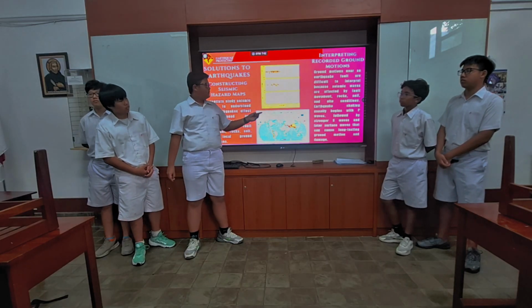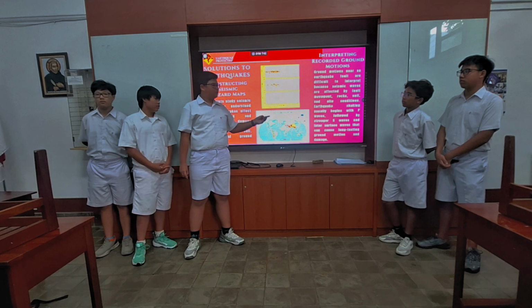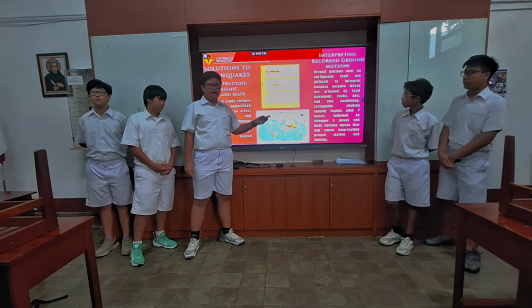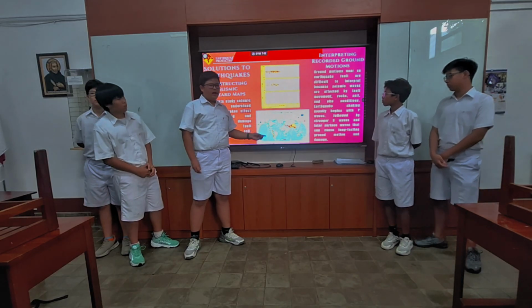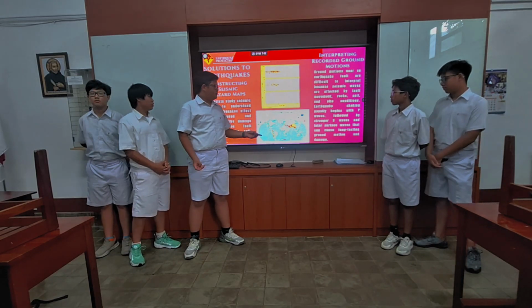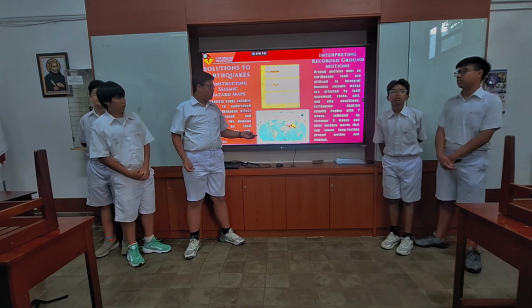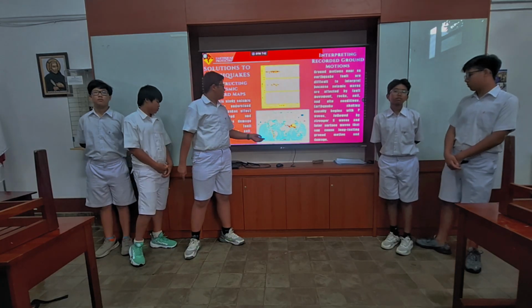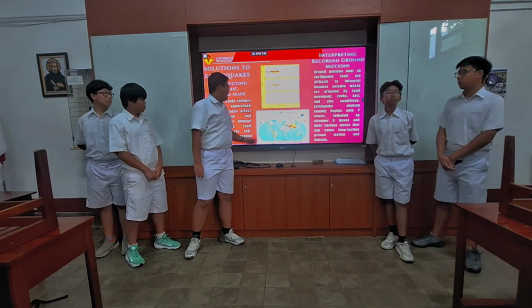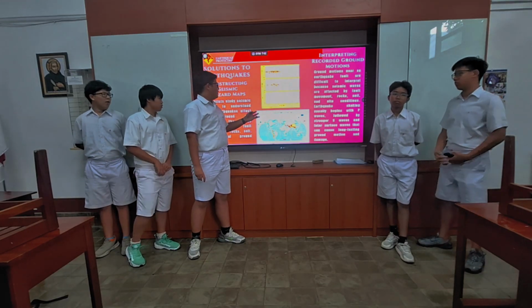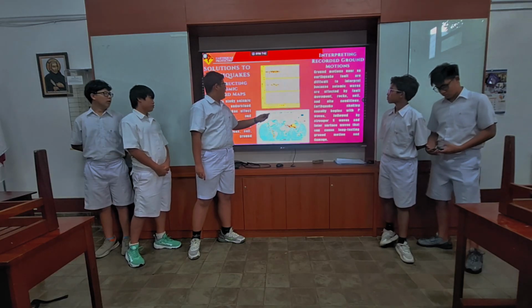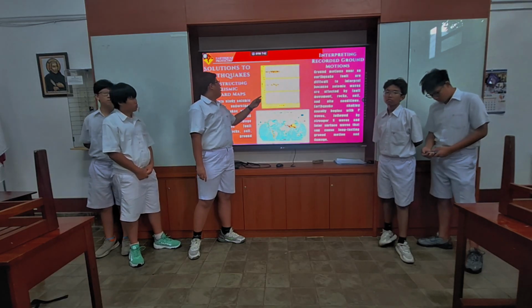Earthquake shaking usually begins with P waves, then is followed by the stronger S waves, and then later surface waves that can cause long-lasting ground motion and damage. As you can see here, this is a graph that I found which shows the time and the shaking of the earthquake.